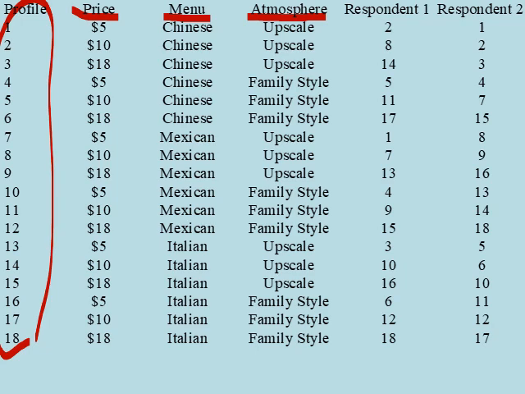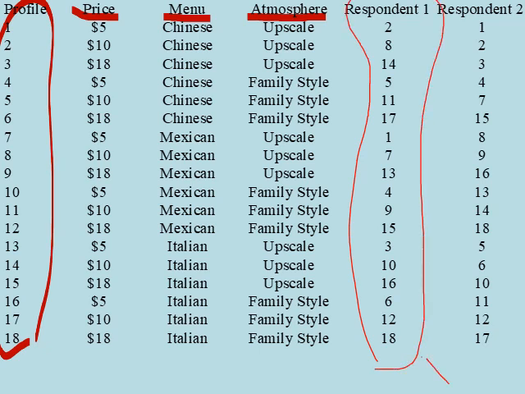Here are the responses from the first respondent. So this is the data. This is what we did design, which we call the stimuli, which are the cards, right? So the first card says price of 5, restaurant is Chinese, and atmosphere is upscale.